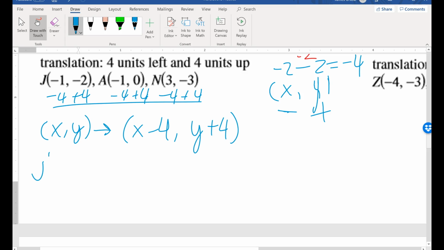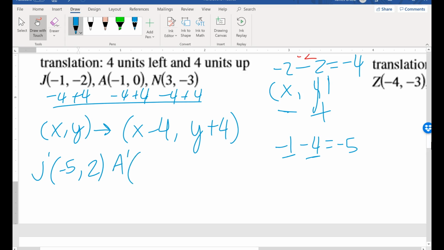So J prime. If I subtract 4, families, negative 1 minus 4 is not 3. This is a negative family member. There are 4 more family members that are negative to join. We get negative 5. Negative 2 plus 4 is basically the same thing as 4 minus 2, which is 2. A prime.